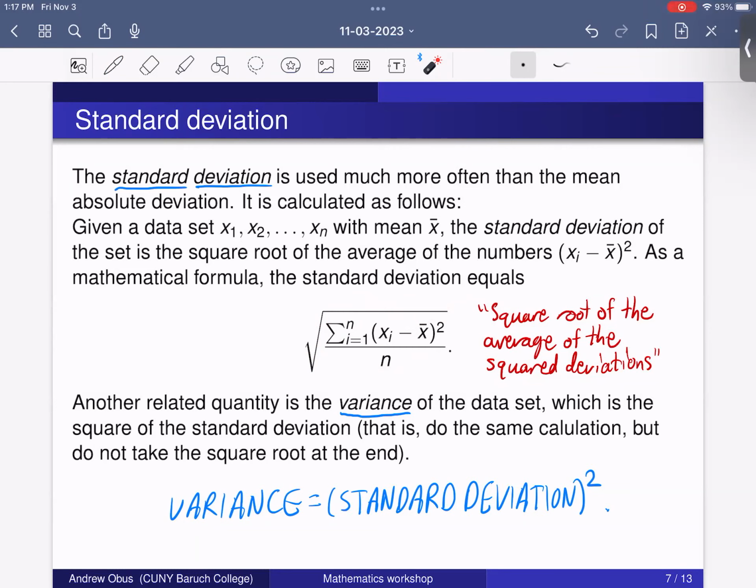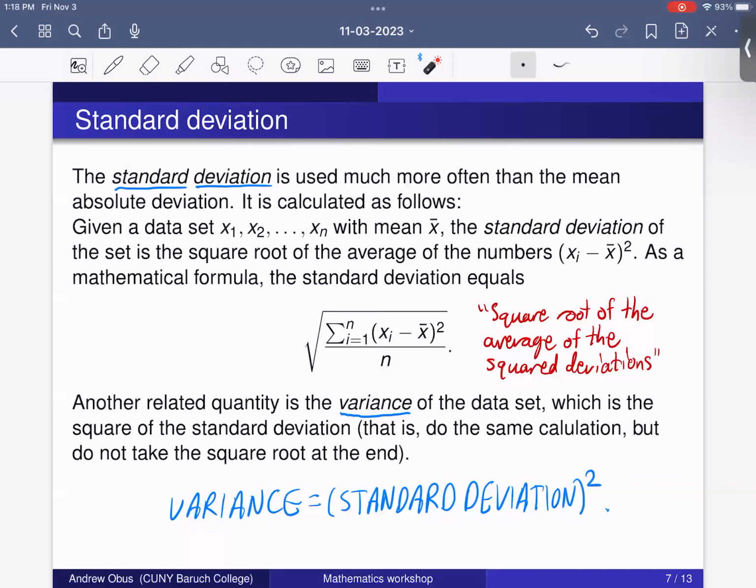So you can think of the variance as the average squared deviation. If you take xi minus the mean for all of your data entries, square them all and then take the average, that's the variance. If after you take the average, you then take the square root, that's what's called the standard deviation. So this is the variance and this is the standard deviation.